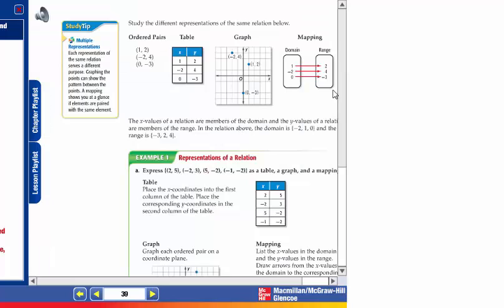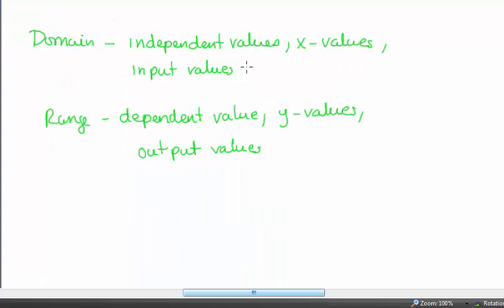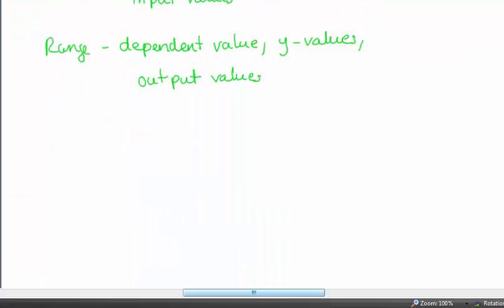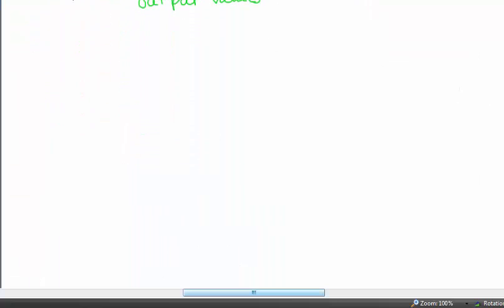Let's see if we've got more vocabulary over here. Here we go. Here we have 3 different representations of the same relation. So let's go over how this will work. Okay. First I have ordered pairs.